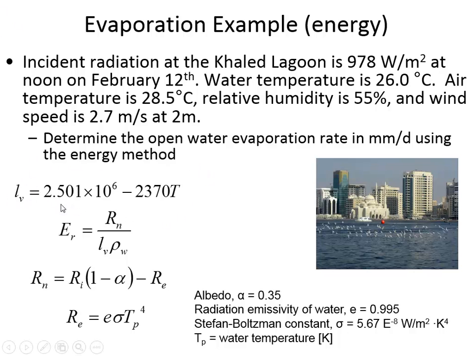It varies. We know the relationship between the radiation, the net radiation, which is the difference between emitted radiation and reflected radiation.